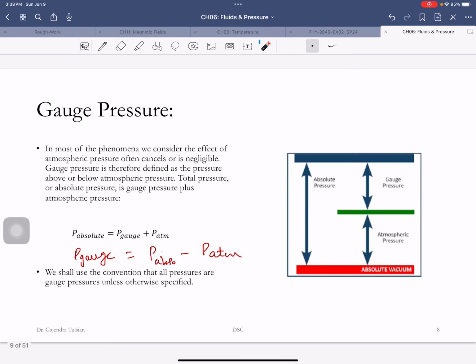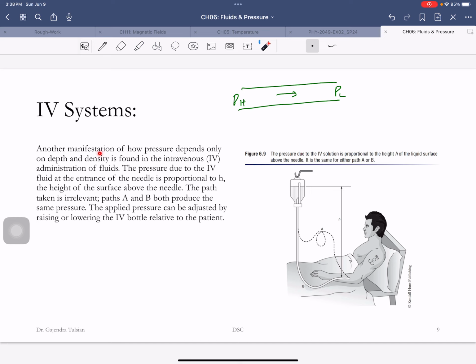Now, the manifestation of how pressure depends only on depth and density is found in the intravenous administration of fluid. What we're trying to say is that it doesn't matter how the tube is shaped, the pressure depends only on this height.